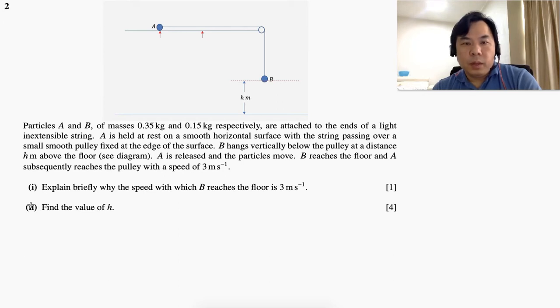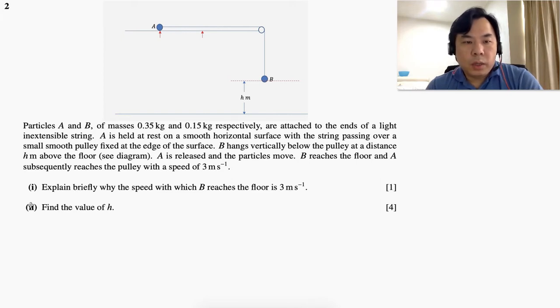Now B hangs vertically below the pulley at a distance h above the floor. A is released and the particles start to move. Now B reaches the floor and A subsequently reaches the pulley with a speed of 3 meters per second.